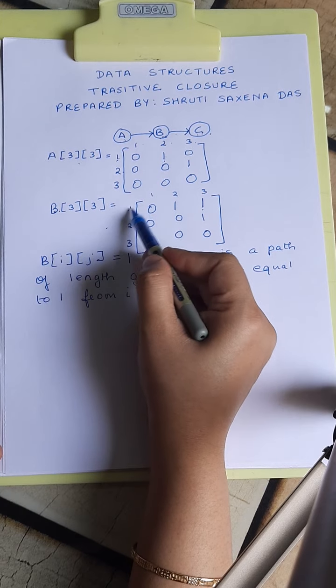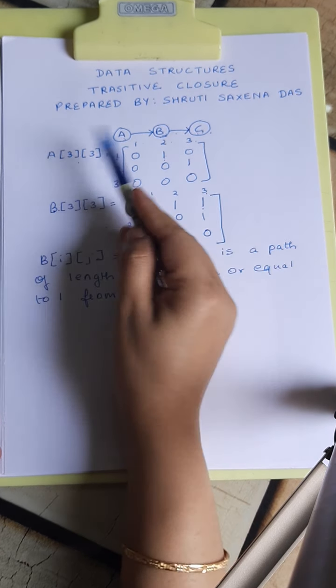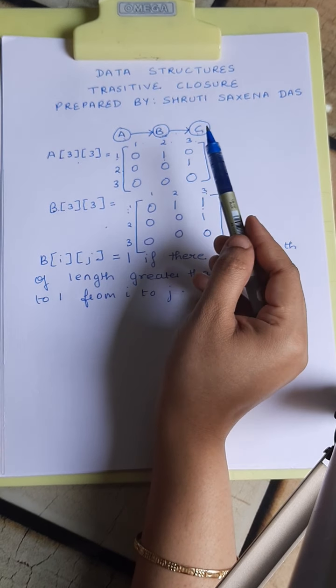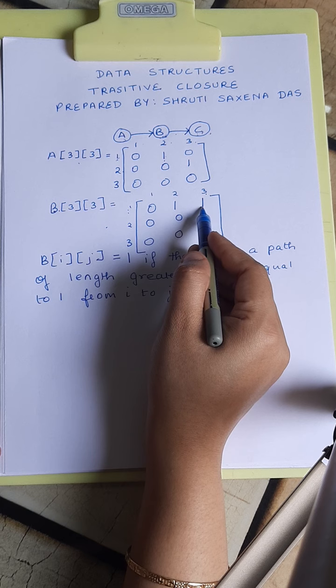So i value is 1, j value is 3. From 1 to 3, if you have a path via another node, then the value will become 1.